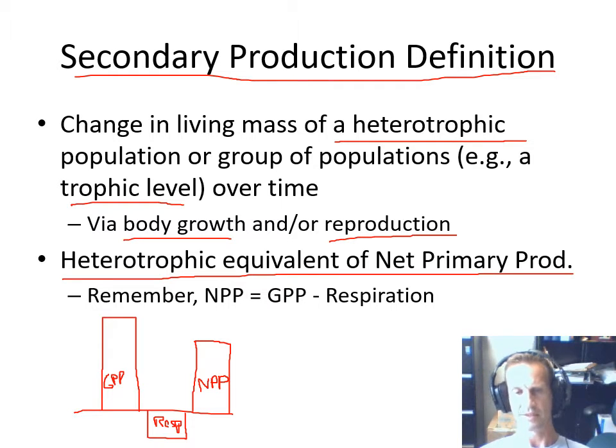So if you think about this like a sheep, you could measure the total amount of grass that the sheep ate, and then you could measure the increase in mass of the sheep, and the increase in mass of the sheep would be somewhat less than the amount of grass that it ate, quite a bit less actually, because a lot of the grass that it ate would be burned through the sheep's respiration, and or not fully digested and excreted, and both of those things would lead to the mass of the sheep being less than the amount of organic matter that it actually consumed.